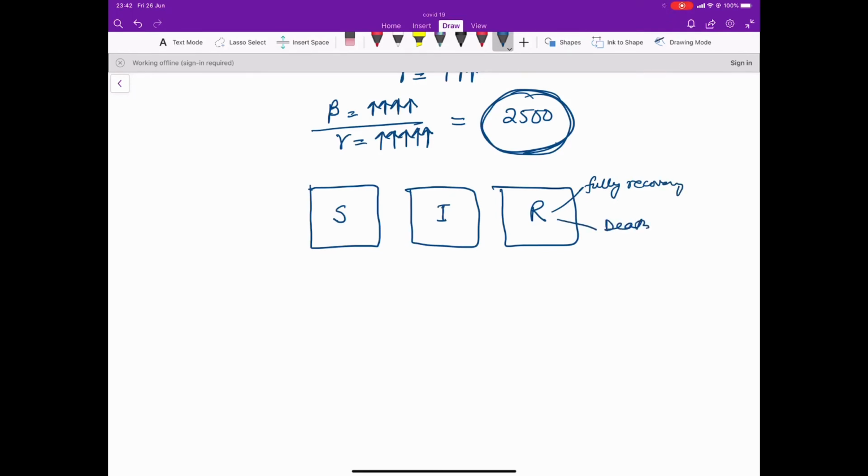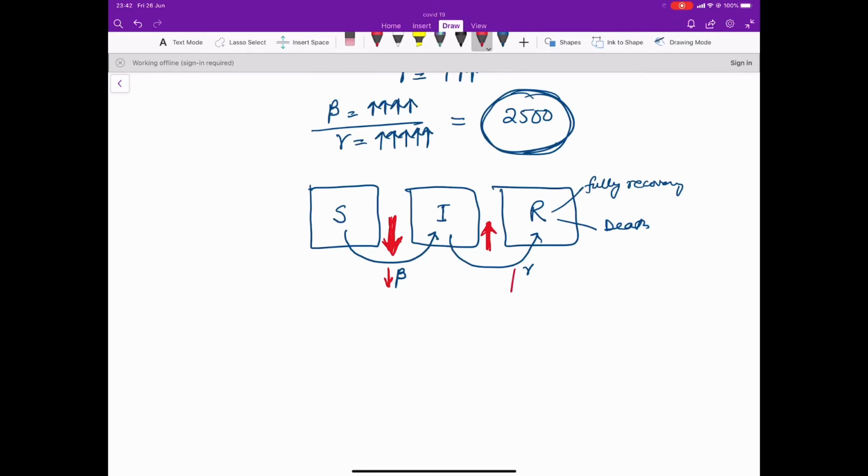So the rate of transmission from S to I is denoted as beta, while the rate of transmission from I to R is gamma. So the principle of pandemic control is that we want to decrease the conversion from S to I. So beta needs to be decreased, while at the same time we want to increase the people who are going into the full recovery compartment.